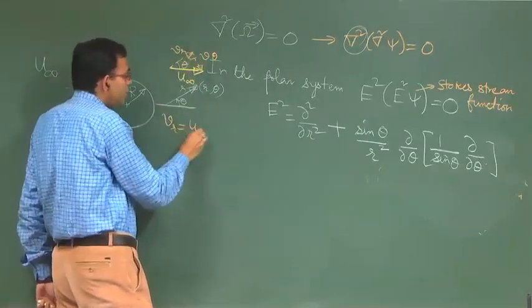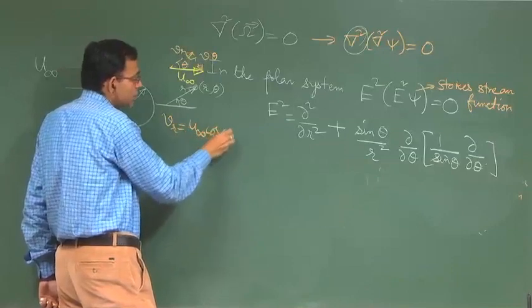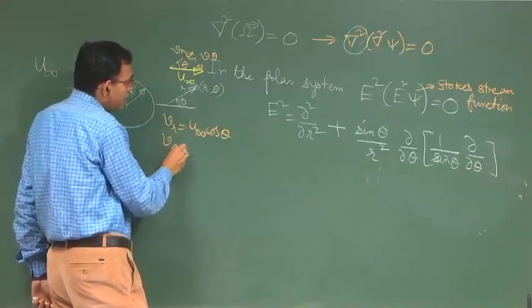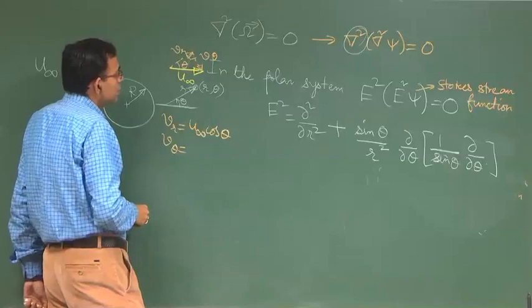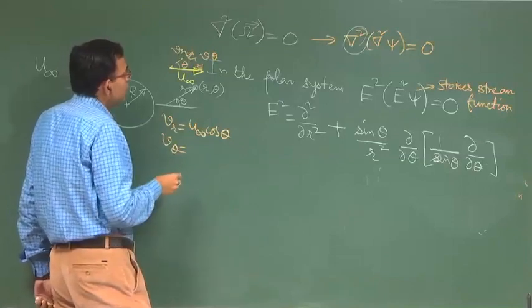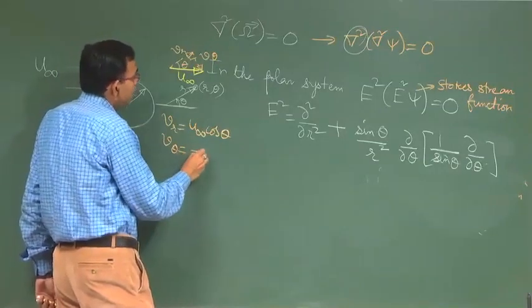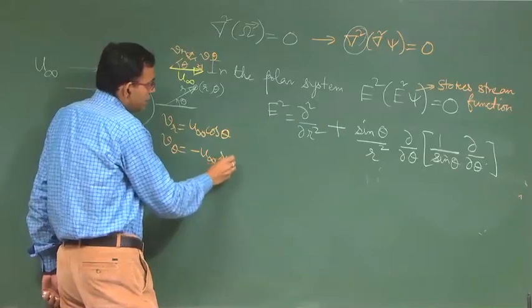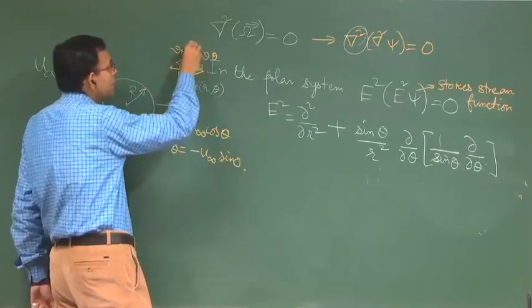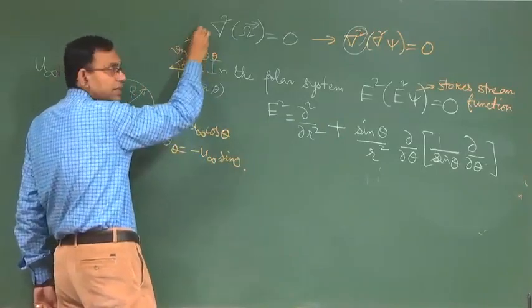Vr is u infinity cos theta and V theta is minus u infinity sin theta. The minus is because the positive theta is actually this.